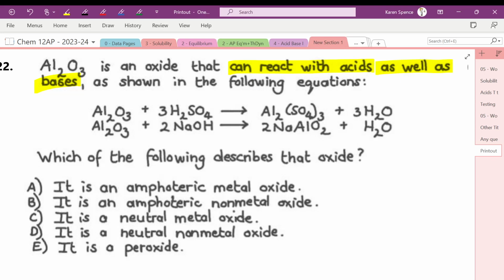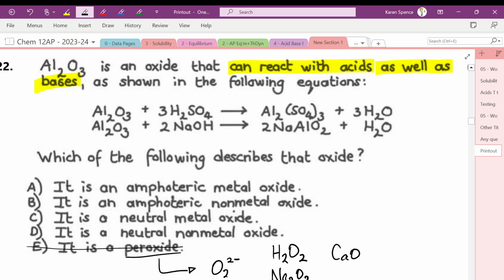Okay, are there any things that we can eliminate here based on incorrect information in the answer? We can eliminate, it is a peroxide, because peroxide, if you don't remember, is the ion O2 2-. A peroxide can be in the form of H2O2, Na2O2, CaO2.